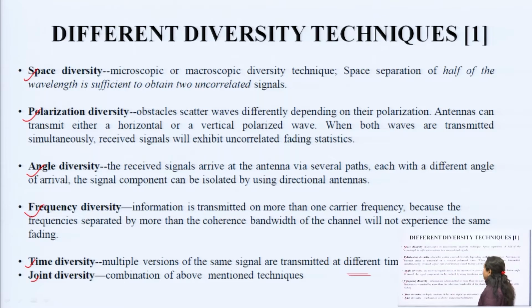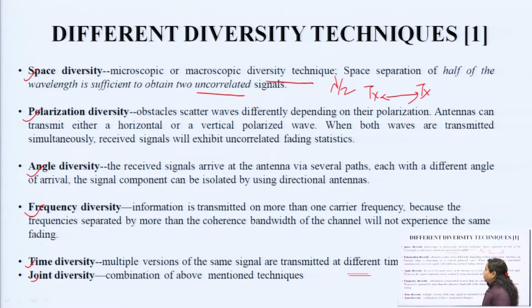In case of space diversity, which may be microscopic or macroscopic, a space separation of half of the wavelength, that is lambda by 2, between the two antennas is sufficient to obtain two uncorrelated signals. That is the case of space diversity.